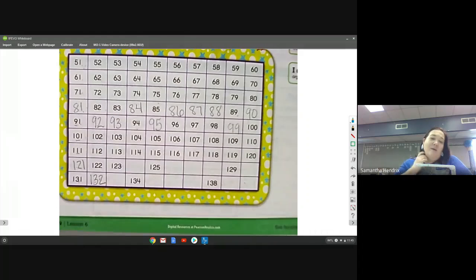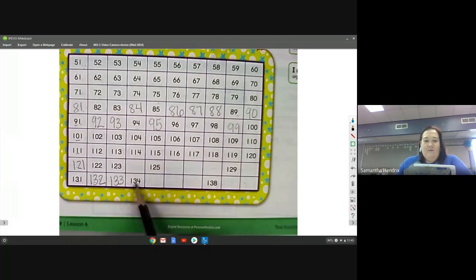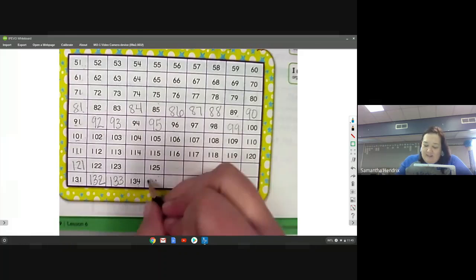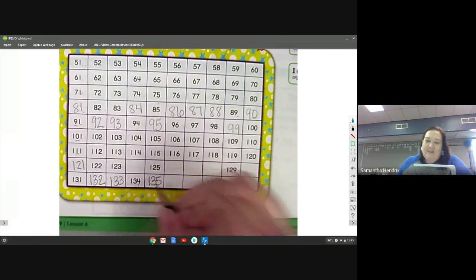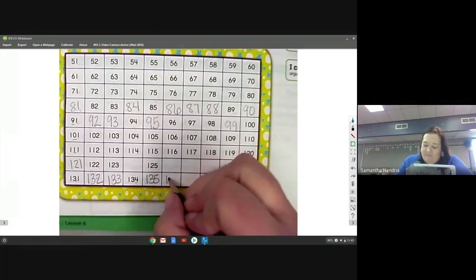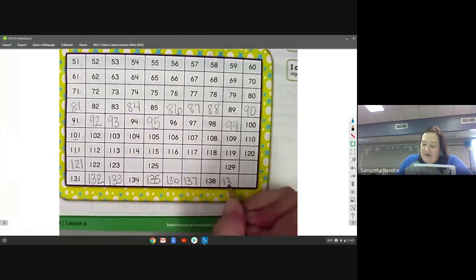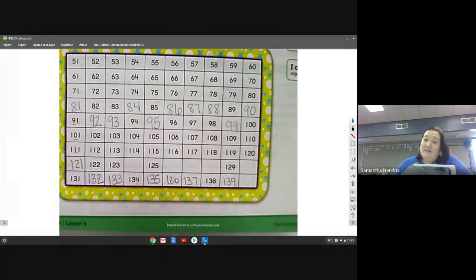These are just going to go up by 1. 133, 134. Look here. 125, 134. That's going to be 135. It works both ways. That's the fun thing about patterns. 136, 137, 138, 139. Remember, you can pause.